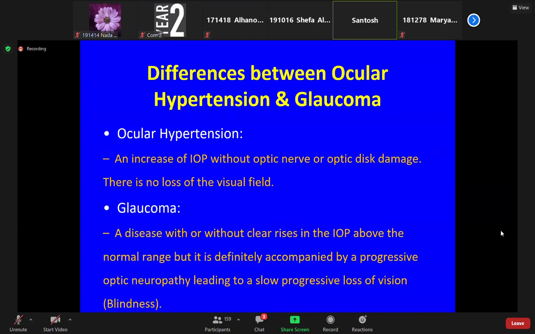But in glaucoma, there is optic nerve damage with or without raised intraocular pressure. So it is a disease with or without clear rises in the intraocular pressure above the normal range, but it is definitely accompanied by a progressive optic neuropathy leading to a slow progressive loss of vision.